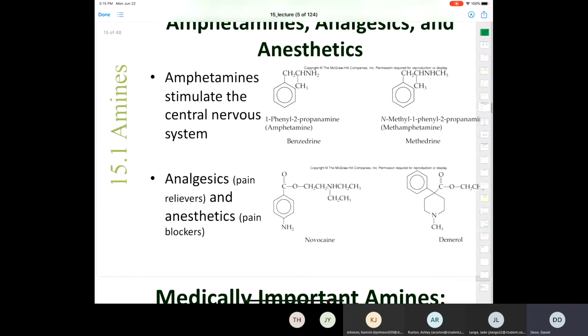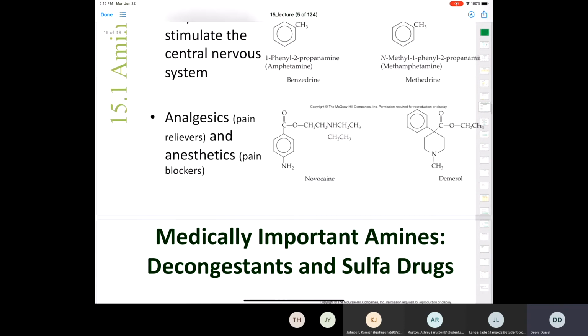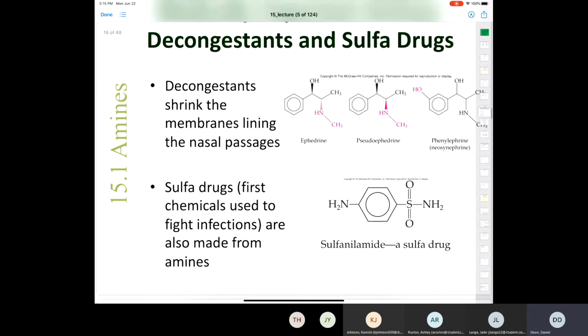And then I spent some time talking about amphetamines, and if you want to understand about crystal meth and where methamphetamine comes from, you have to understand a little bit about amphetamines. So I talk about those in very little detail. And then I talk about ephedrine and pseudoephedrine and phenylephrine.